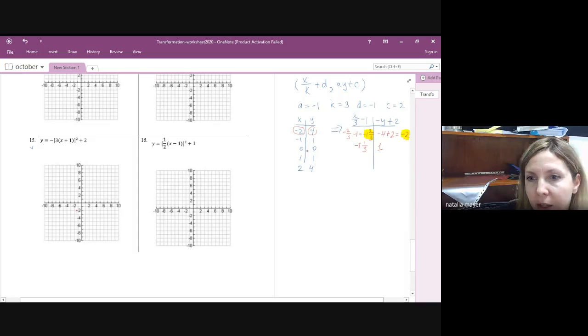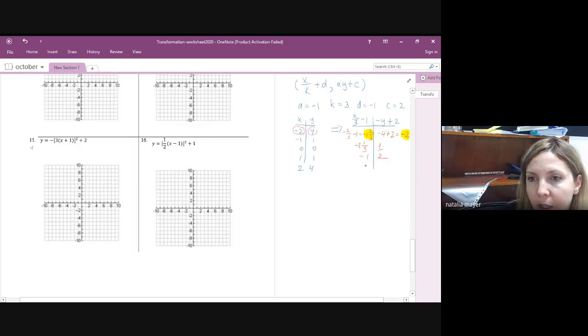Okay, and then 0. 0 is the easiest one. So for zeros, if I input 0, this will be cancelled out, and this will be cancelled out. So for vertex, I have -1 and +2.